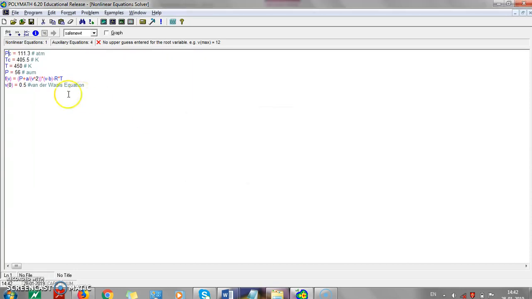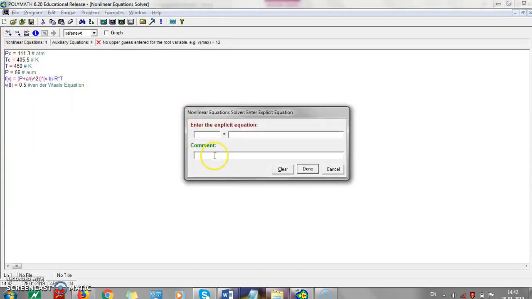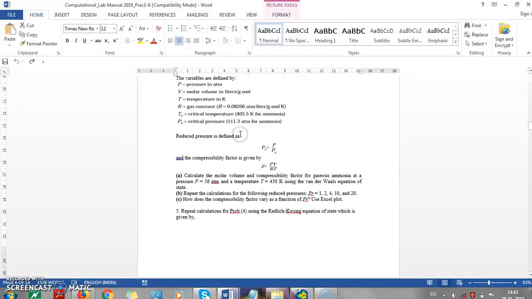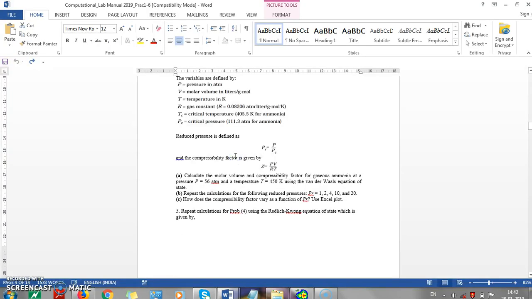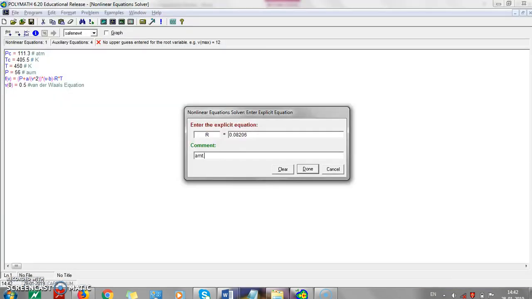And then we can add A, no, we have to still add R. R is also given to us. R is 0.08206, and the units are atmosphere, liter, per gram mole Kelvin.